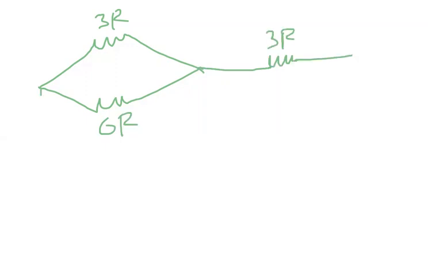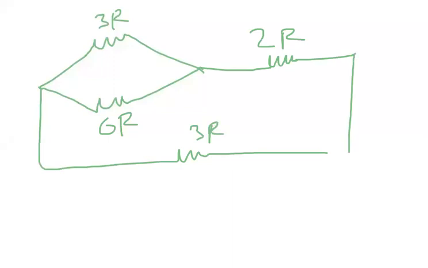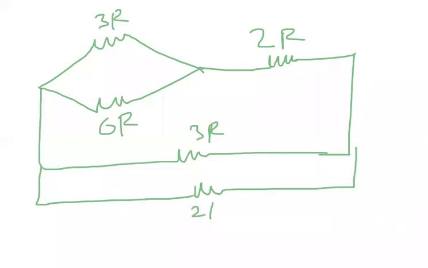This one, let us take as 2R, this one as 2R, and this one I am writing as again 3R, 3R, 3R. How to handle this? Observe carefully. Again I am writing this as 2R. Find the effective resistance between A and B.